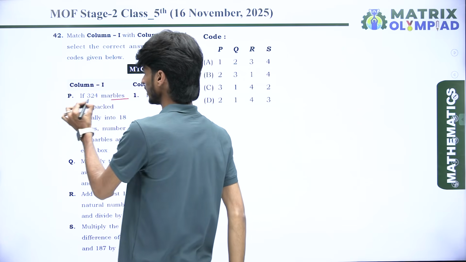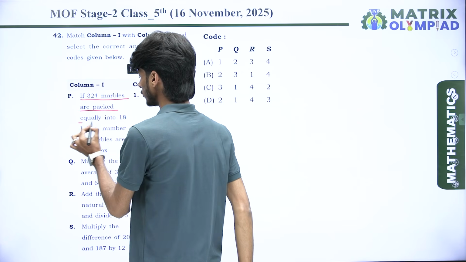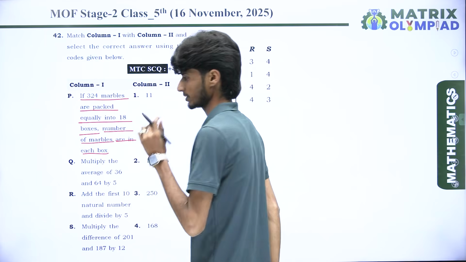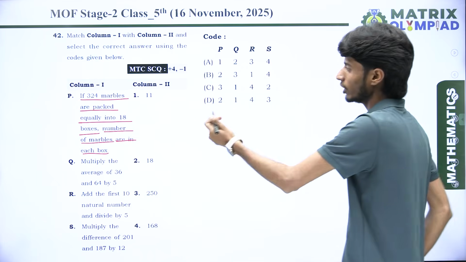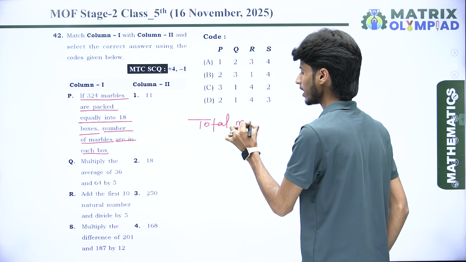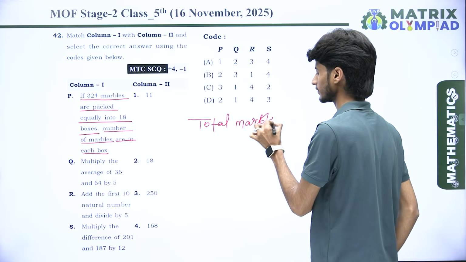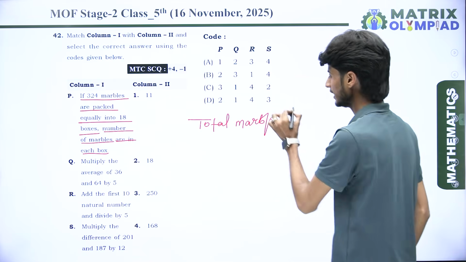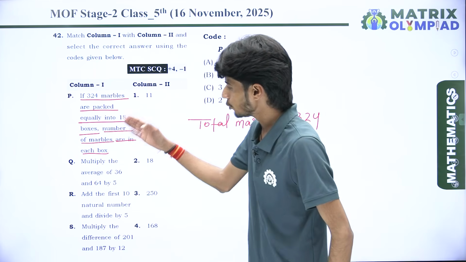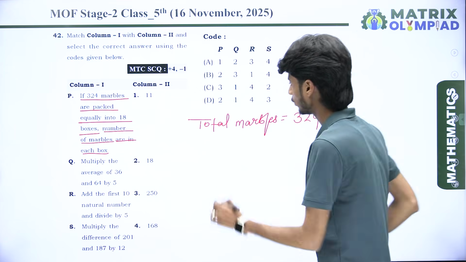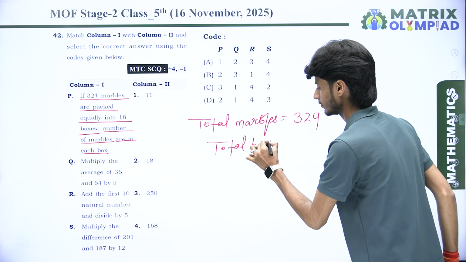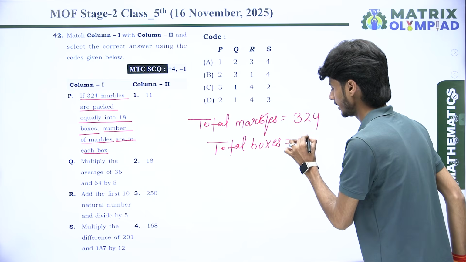If 324 marbles are packed equally into 18 boxes, how many marbles are in each box? Look, first of all, the total number of marbles is equal to 324. Yes or no? Okay. The total number of boxes is equal to 18.